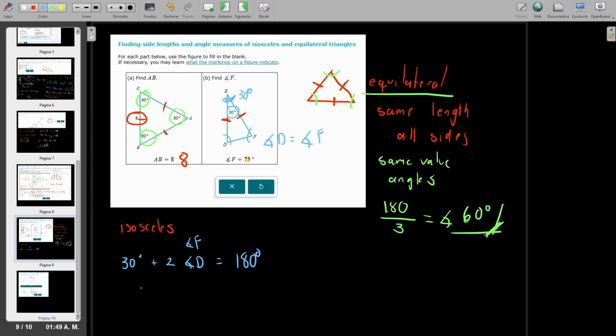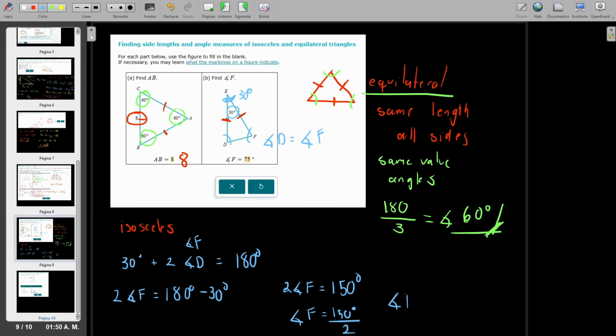In this case, we need to find the value of F, okay? 2 times the value of F is going to be 180 degrees minus 30. 2 times the angle of F equals 180 minus 30, 150 degrees. If we isolate this part, it's going to be 150 over 2.